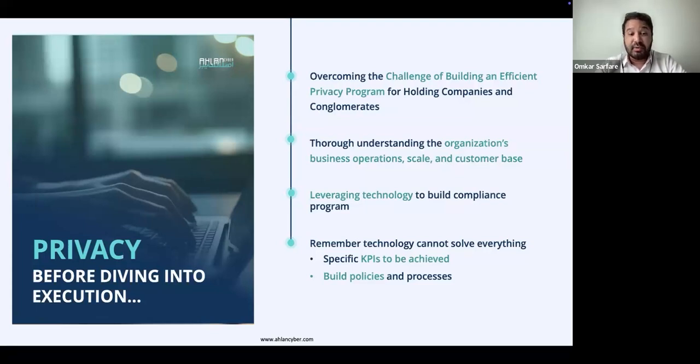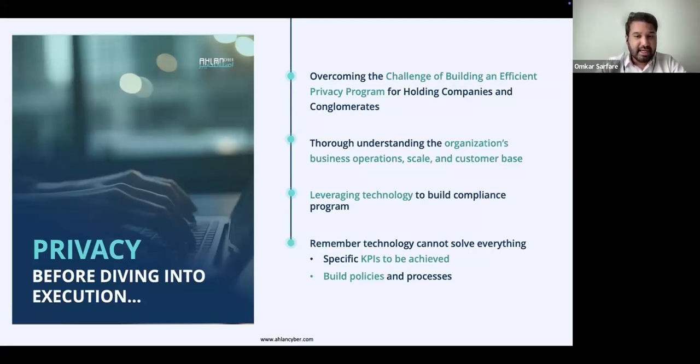However, technology alone cannot solve all privacy challenges. Even the most advanced solutions need human oversight. Clearly defined rules and regular updates to stay aligned with evolving business needs and regulatory changes are the need of the hour.